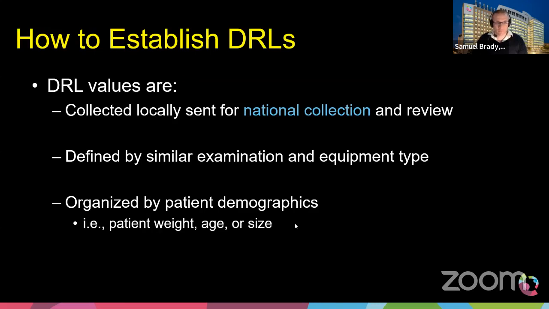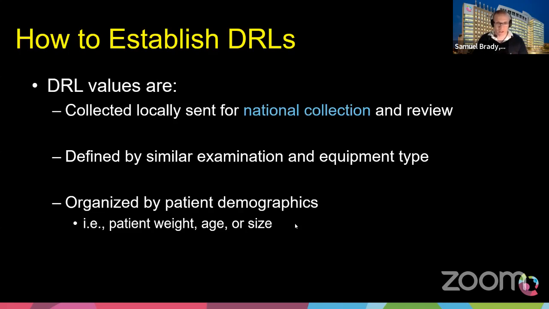Now, DRL values are only as good as the data that we collect locally from all of the different hospitals around the nation. To establish a DRL value, we need to collect locally sourced information, and we need to categorize it based on different types of examination, different equipment type, and of course, different patient demographics.